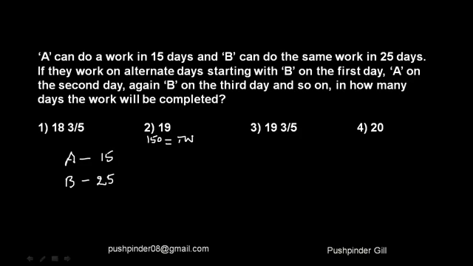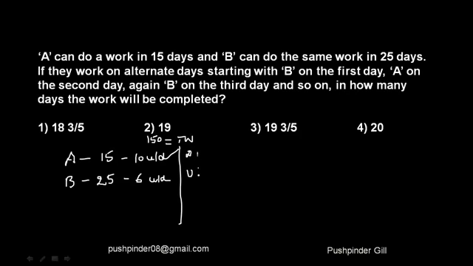Which means that A is going to finish 10 units every day and B is going to finish 6 units every day. If I've done the math right. Yeah. Right? So now what is going to happen? Let's see.